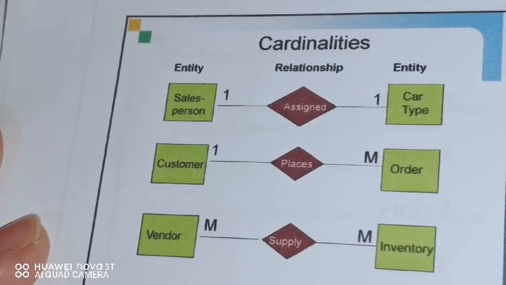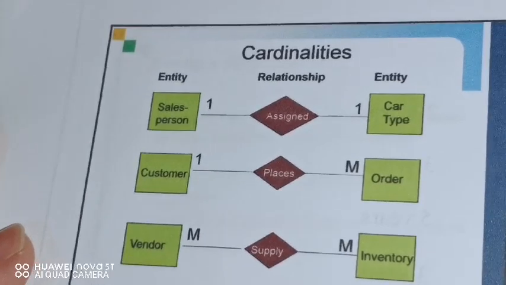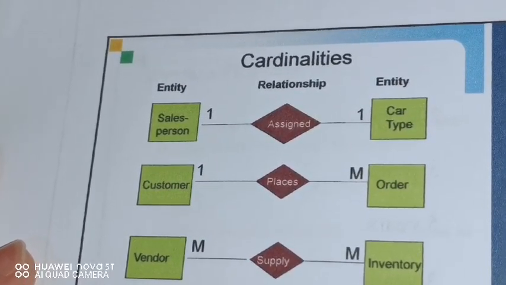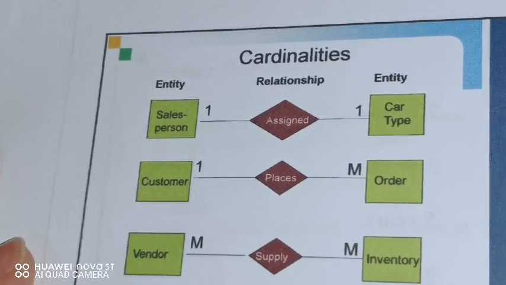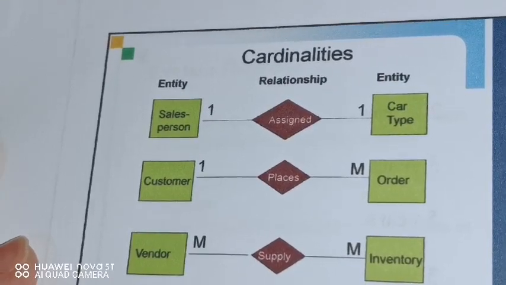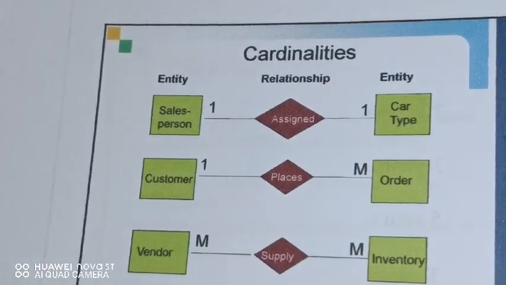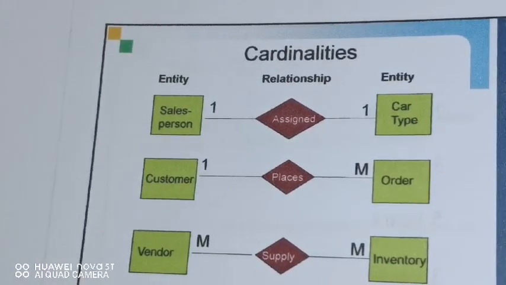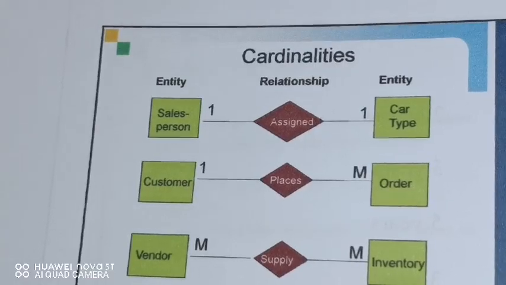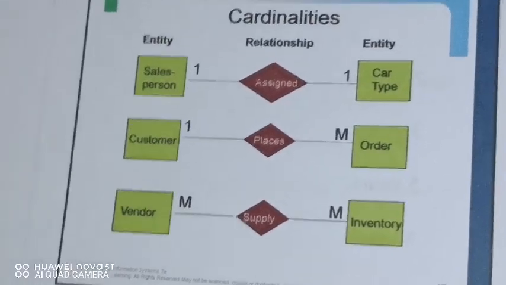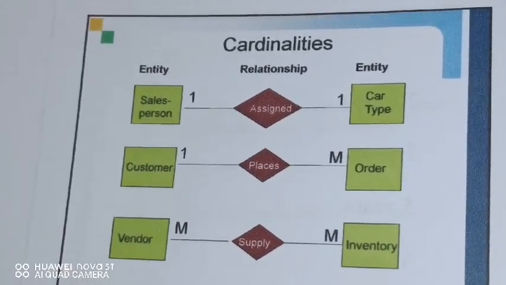The first one is one-to-one. The example here is one salesperson to one car type. Okay, so anong ibig sabihin niyan? 'Di ba minsan yung mga person as one of their incentive, pinapagamit sila ng sasakyan ng kanilang company.